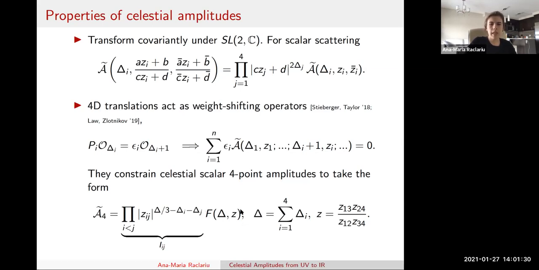Now, this f of delta and z is, again, the expected function of the cross ratio, which is conformally invariant. Now, the added constraint from translational symmetry is that this object cannot be an arbitrary function of the external dimensions, but it has to depend on only the sum of the dimensions of the external particles, again, for 4-point amplitudes.